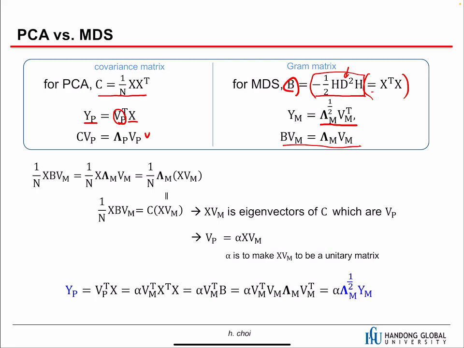Look at this one. We don't have X here. We have eigenvalue and eigenvector. That's the projected vector y_m.